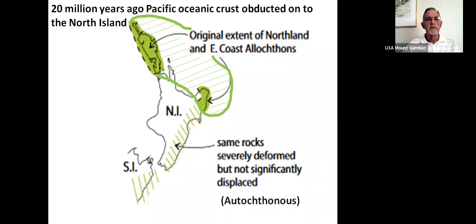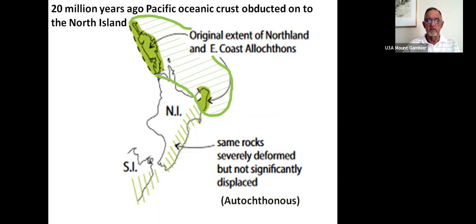Of autochthons. Autochthons stay in the same place. Allochthons move away, sometimes, well, certainly tens, sometimes hundreds of kilometres, pushed by plate movement across the continental material and become an abducted allochthon.